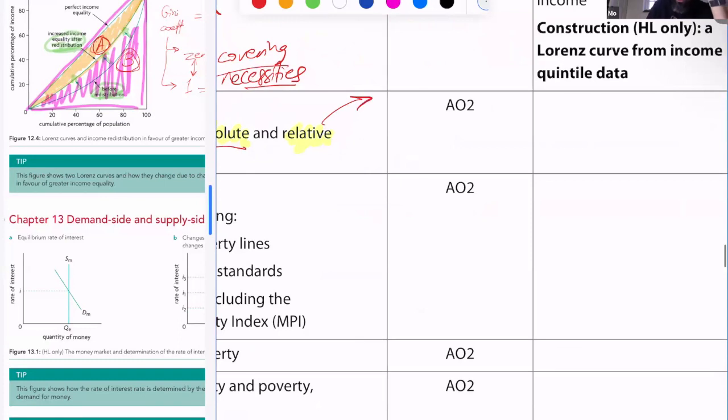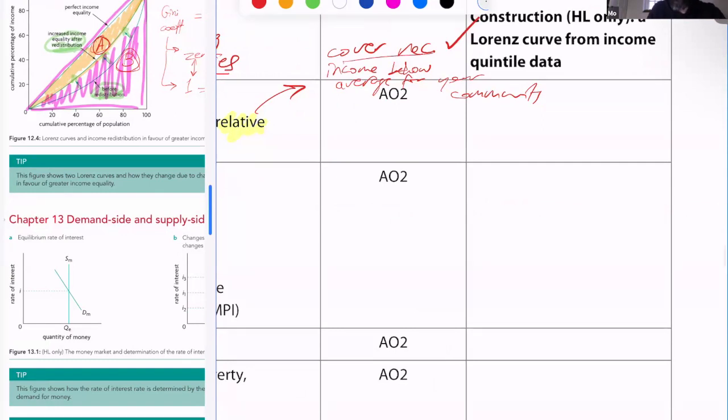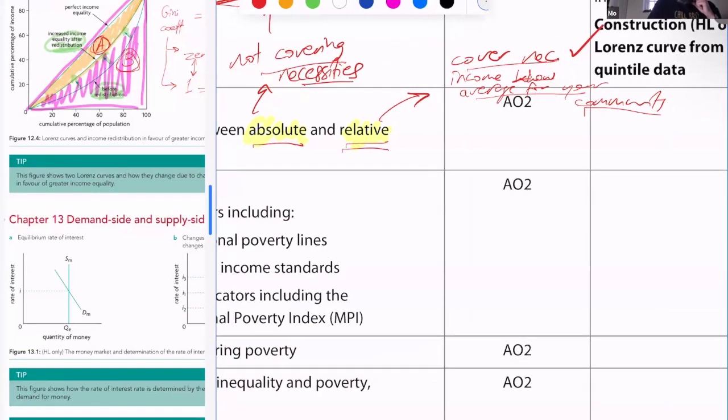Relative poverty: you can cover necessities, but your income is below the average for your community. So if you can cover your necessities, but your income is still below the average of whatever community you live in, you are experiencing relative poverty.